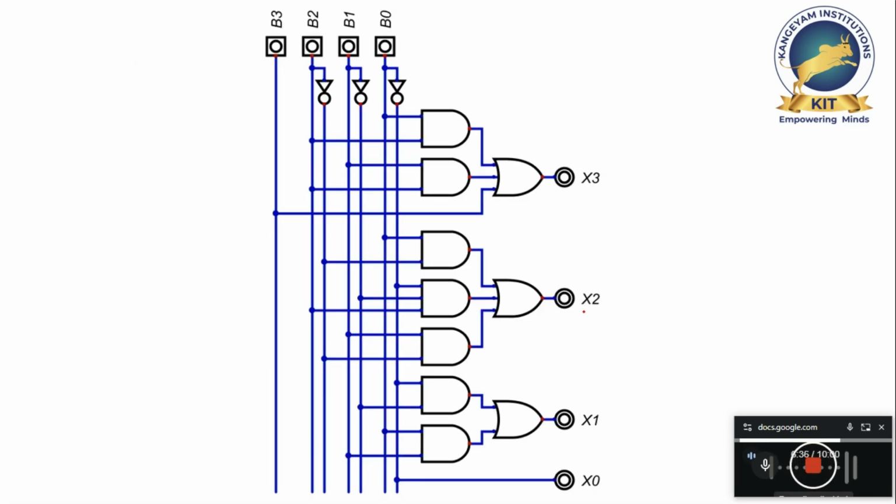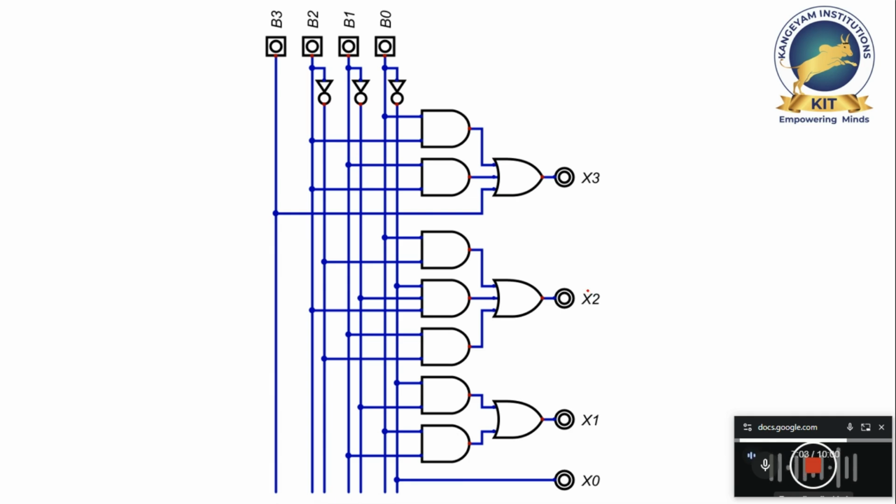So for these expressions we can draw the logic circuit. First thing we have to know about a code converter is what is the logic implemented in the code converter. That is very, very important. What type of converter, what is the input, what is the output, and what is the logic implemented? After finding that logic, you have to draw the truth table.